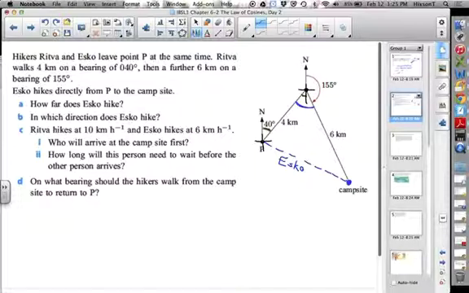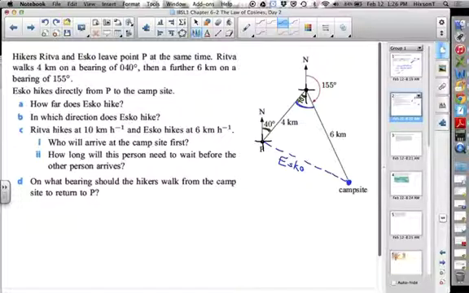Here's north-south, here's north-south. Those are parallel. So if we look at his path as the transversal, then this 40 degrees is the same as this angle right here. You're with me on that? All right, so there's 40.